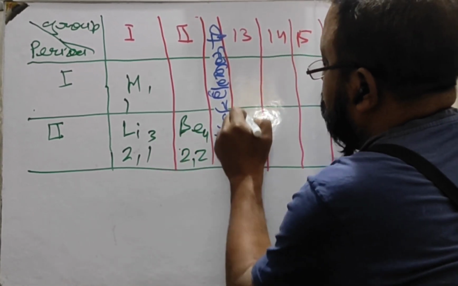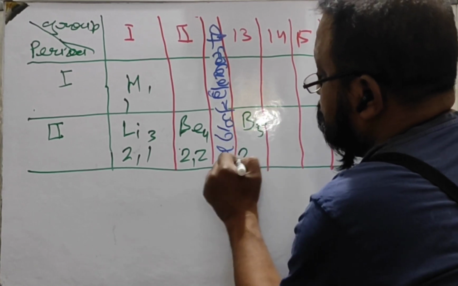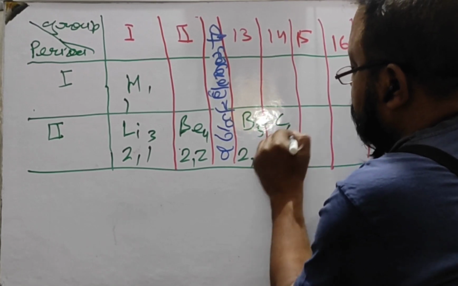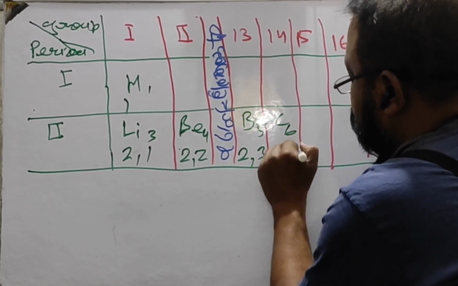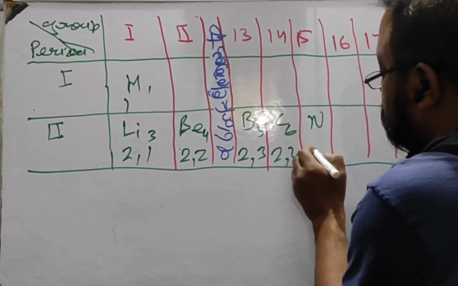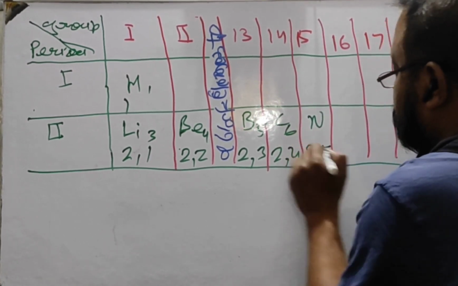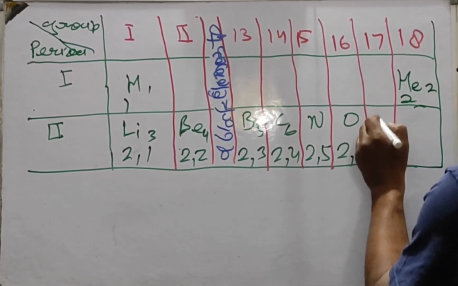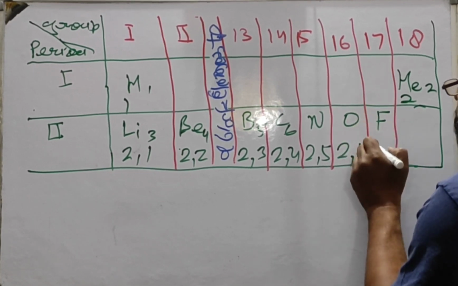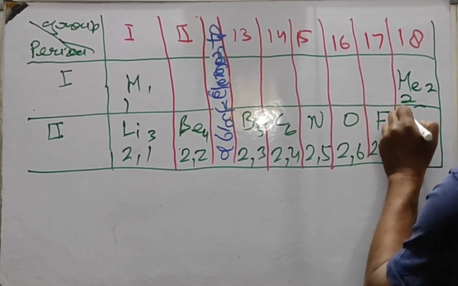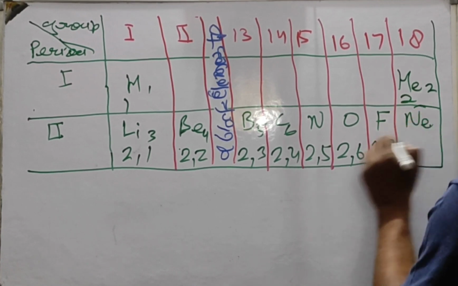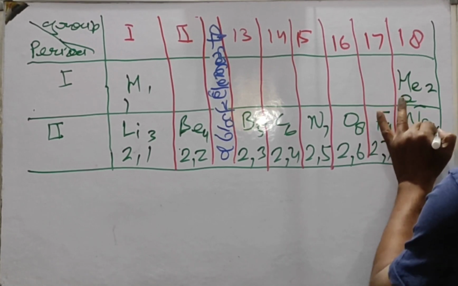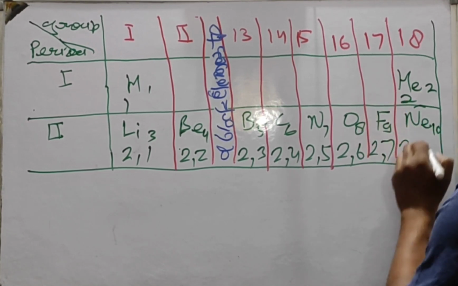Then boron, that is 5, 2 comma 3. Then carbon, that is 6, 2 comma 4. Then nitrogen, 2 comma 5, right? And oxygen, 2 comma 6. Then fluorine, 2 comma 7. And then neon, that is 10, which is 2 comma 8, right?